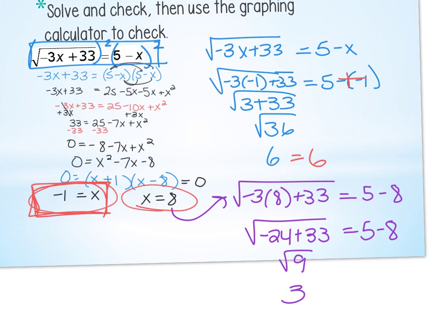And the square root of 9, 3. 5 minus 8, negative 3. So does 3 equal negative 3? No, this is an example of an extraneous root. So 8 itself is an extraneous root. The only real root here is negative 1. And you don't know it until you plug it back in. So the ones that have a square root, you have to make sure that you check. Okay? And if it doesn't work, you just rule it out.